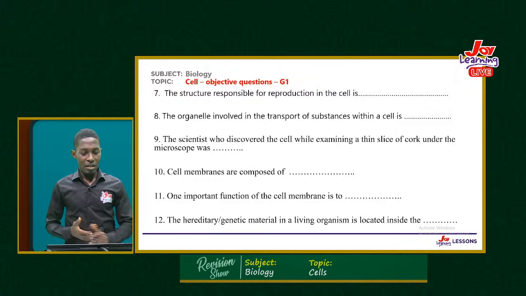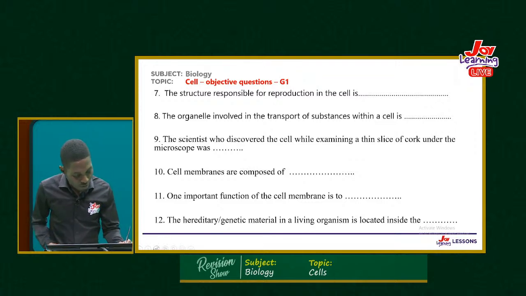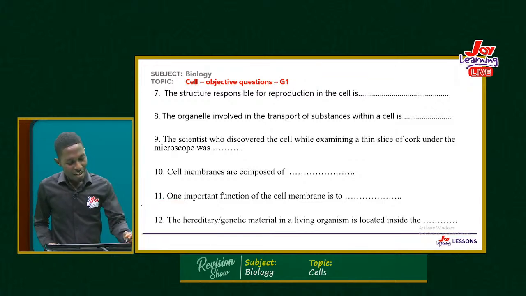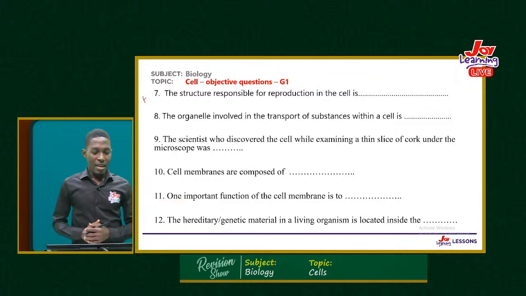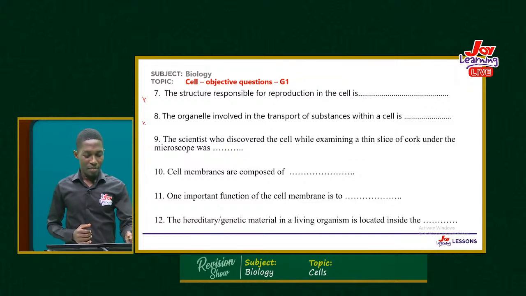The structure responsible for reproduction in the cell is? The nucleolus. What did you say? Nucleolus? Yes, please. Okay, let me make an asterisk. The organelle involved in the transport of substances within a cell is what organelle? The cell wall. The cell wall, okay.